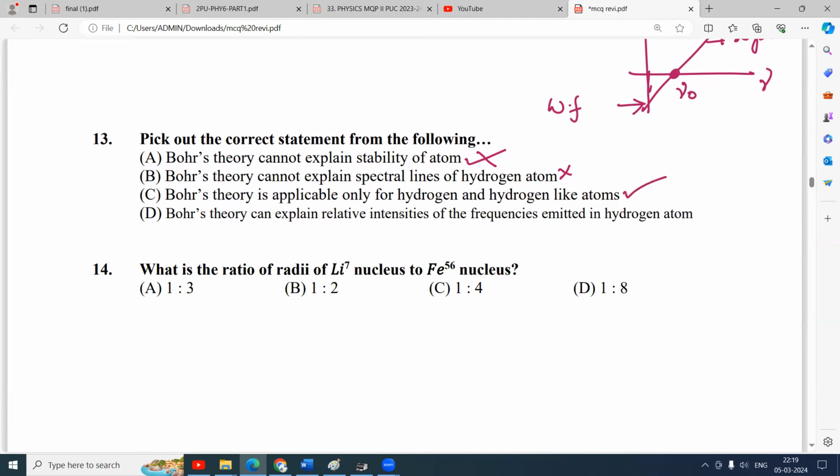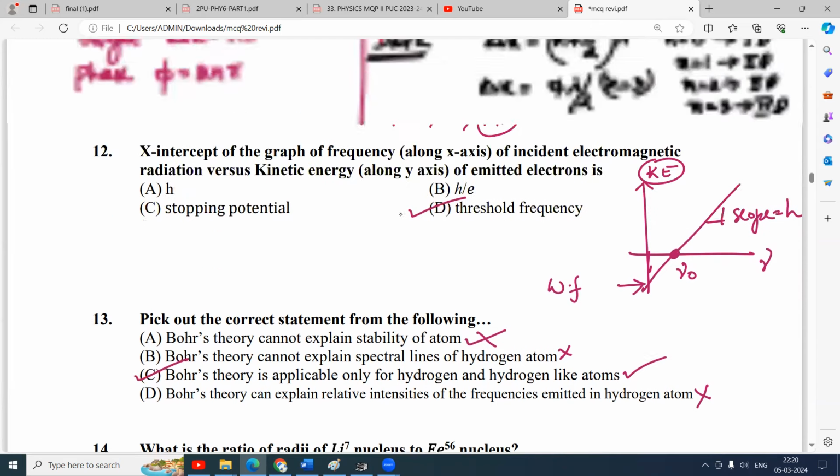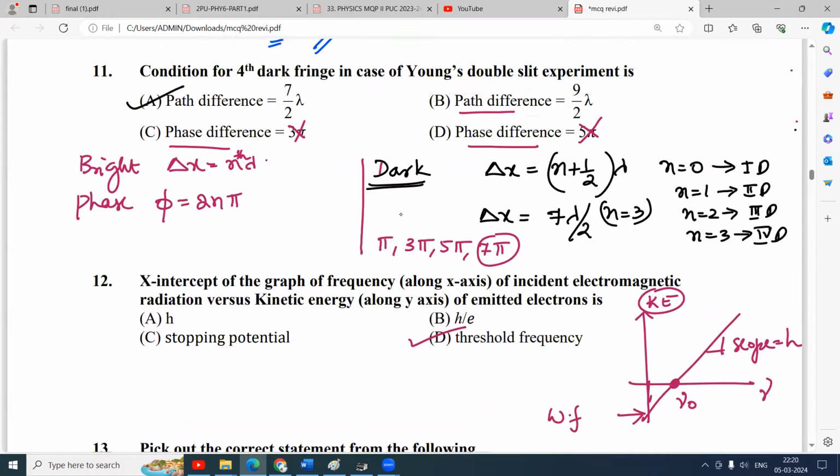That is correct. Bohr's theory can explain the relative intensities of the frequencies emitted in hydrogen. No, it cannot explain the relative intensity or brightness of spectral lines. So the only correct statement is that Bohr's theory is applicable only for hydrogen and hydrogen-like atoms. It is answer C.